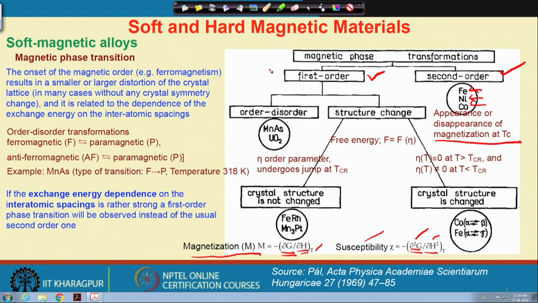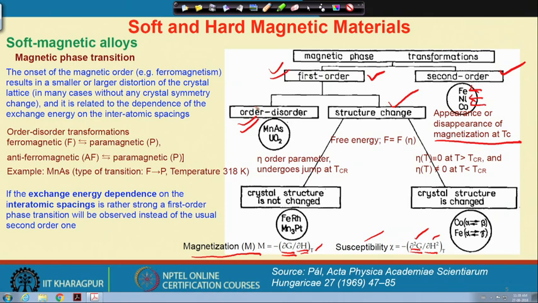So, the first order transition will show us a behavior with an order-disorder type, or maybe it may occur due to some sort of structural change, where the structural change I am talking about is that sometimes the crystallographic structure may change or the order parameter shows a jump.